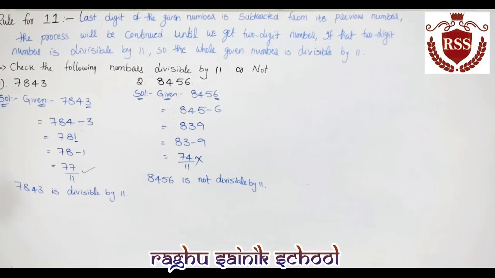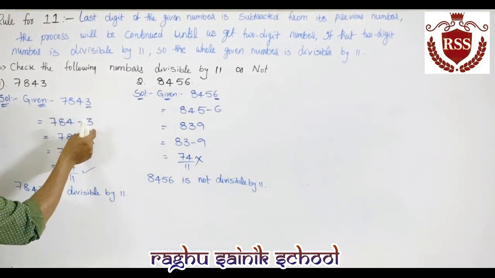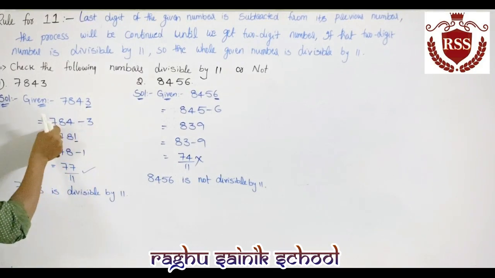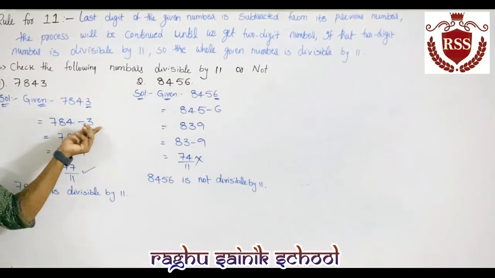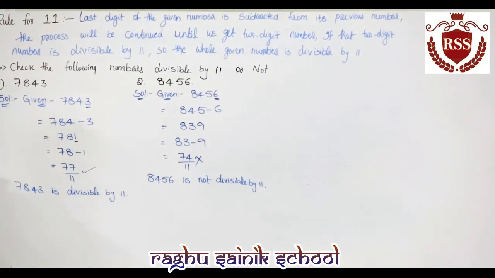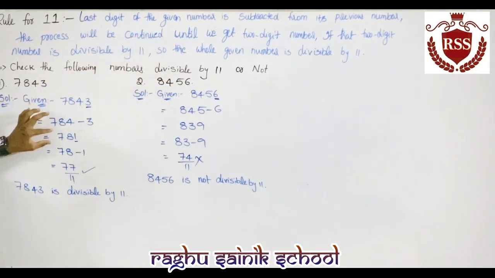The last digit in 7843 is 3, right? The last digit is subtracted from its previous numbers. 3 is subtracted from 784, and we get 781. We repeat the process until we get a 2-digit number, but we have a 3-digit number.